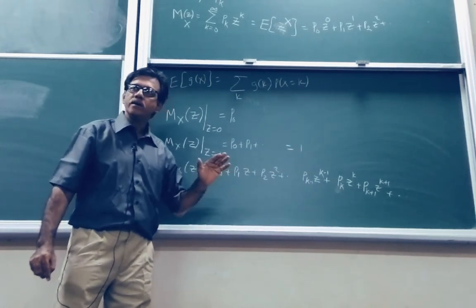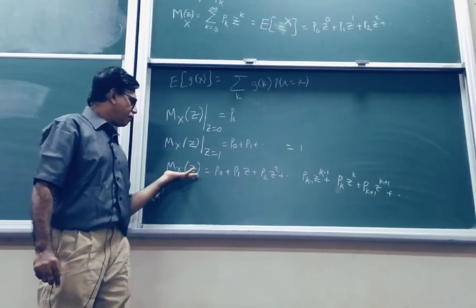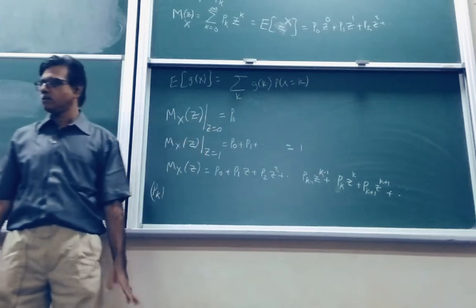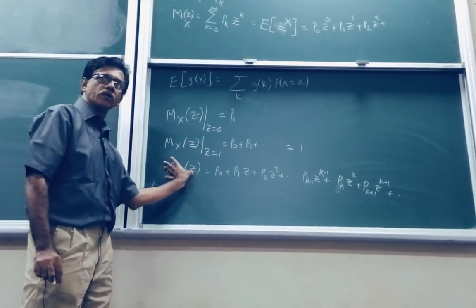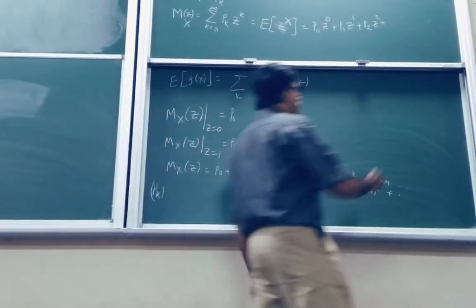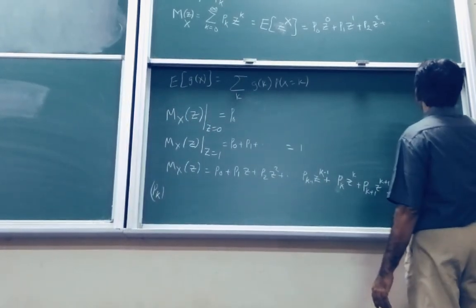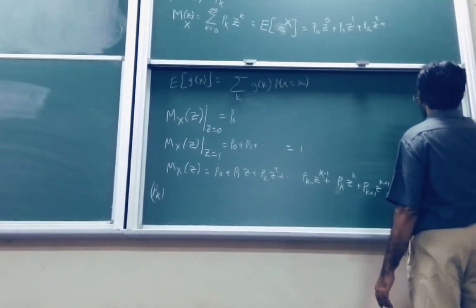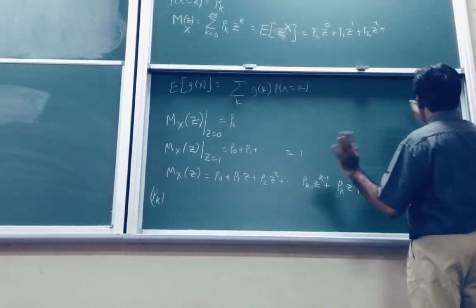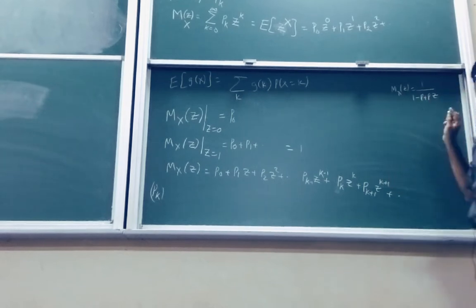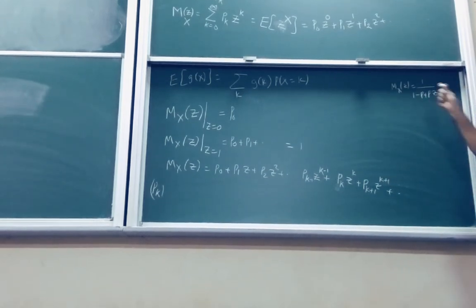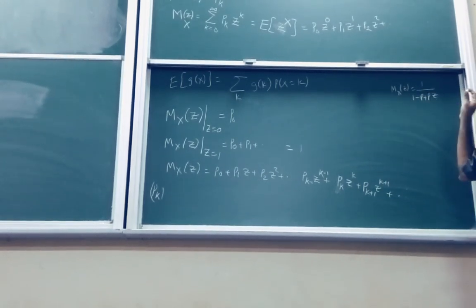This actually is a z transform. PGF is a polynomial in Z. Okay? So we have one form of this. We will later on see this form can be something like 1 over 1 minus P plus PZ. This is what will be the formula for mx of Z. Very compact form. But from that view, we can generate any particular probability.